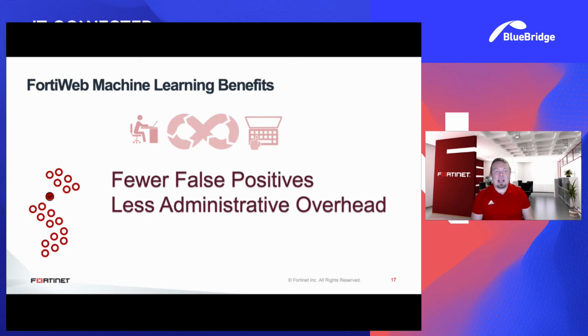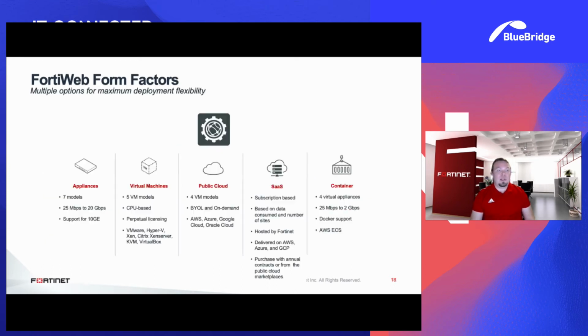Then the next big thing that I learned very early on here was that we actually do a lot of different things. Yeah, we can do basic appliances. If you want a traditional appliance, cool, you can get it. You can get a virtual machine, that's fine. You can do it in public cloud, that's cool too. But then we do containers.